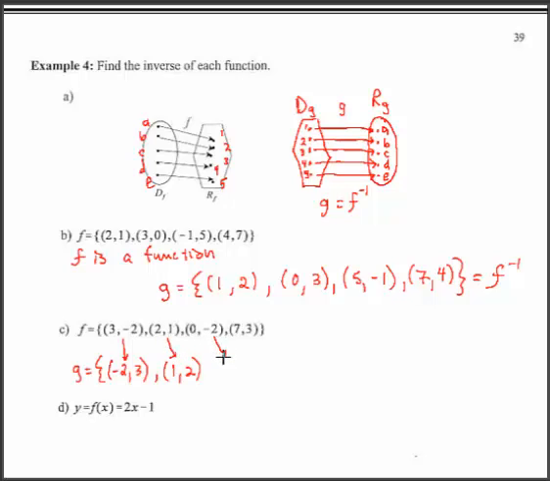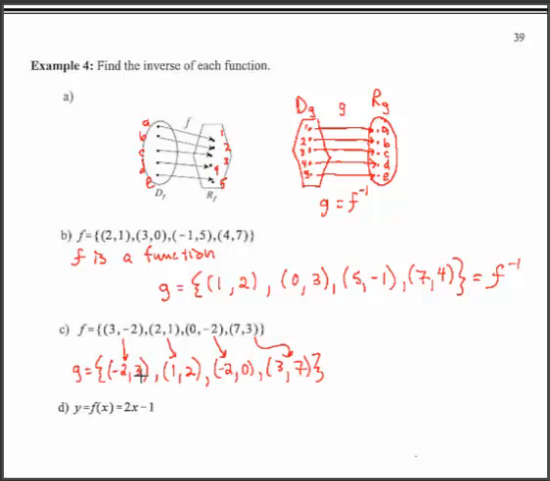Okay, 0, -2 would now become -2, 0. And 7, 3 would become 3, 7. Okay, and these arrows aren't making assignments. I'm just showing what ordered pair we started with and what ordered pair it became for the converse.